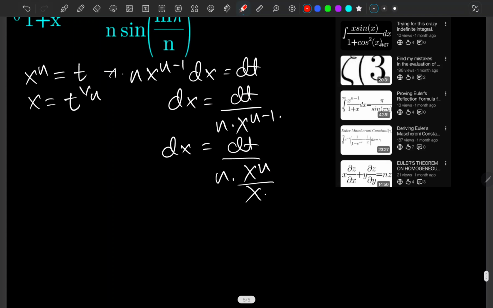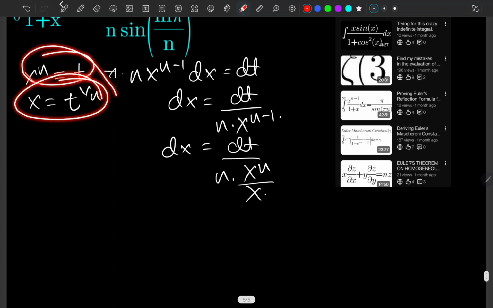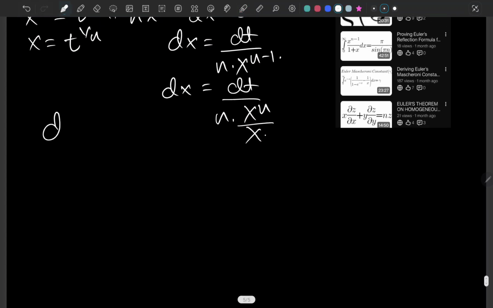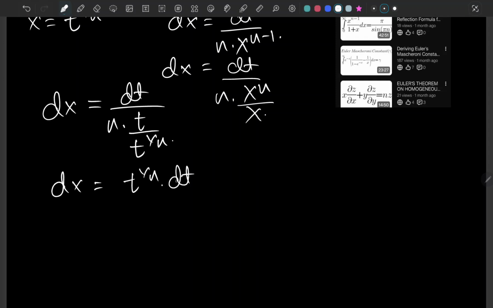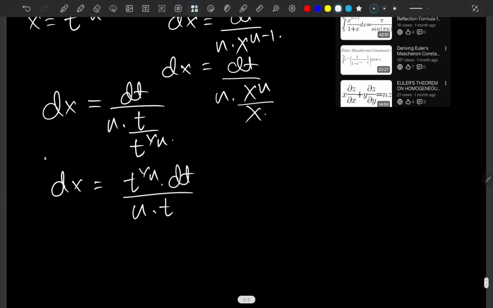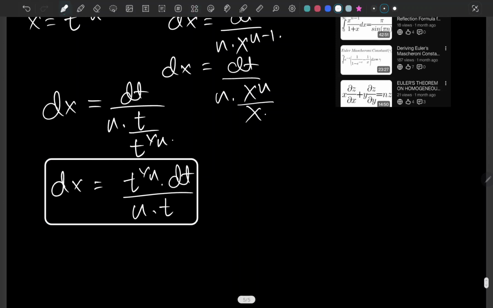So we have x to the n and x to the 1 as well. Finally we have dx equals dt over n times x to the n, which was t, and x is t to the 1 over n, so we can also say that it's t to the 1 over n dt over n times t. So yeah, this is what we have for our dx.